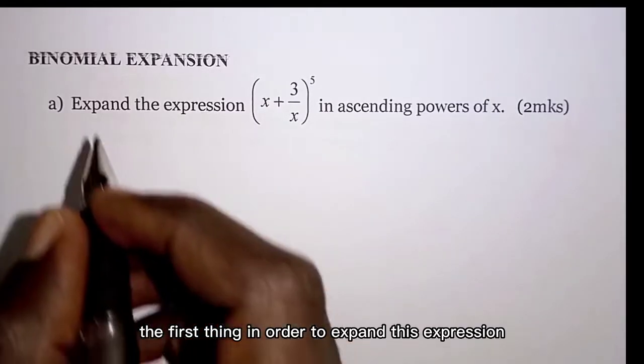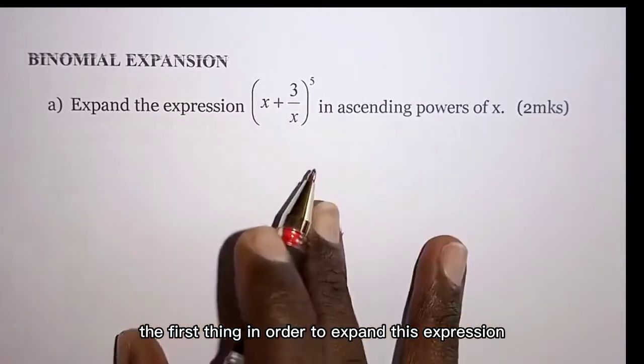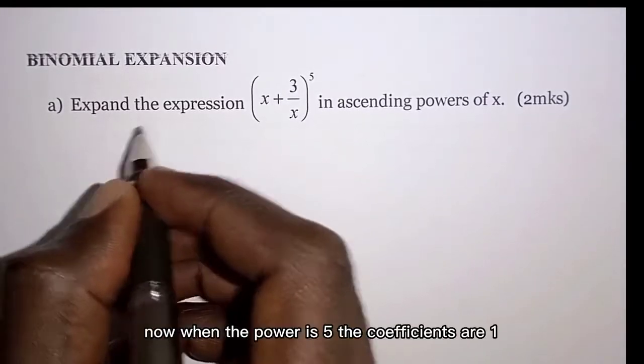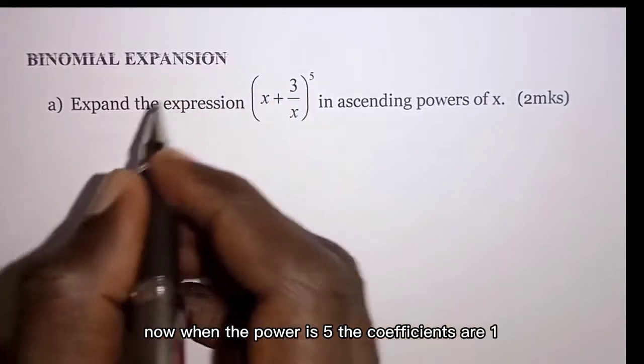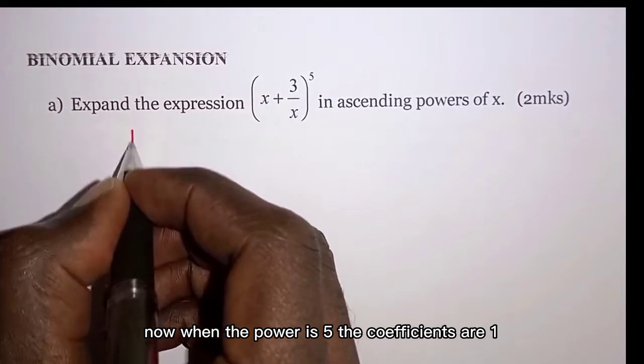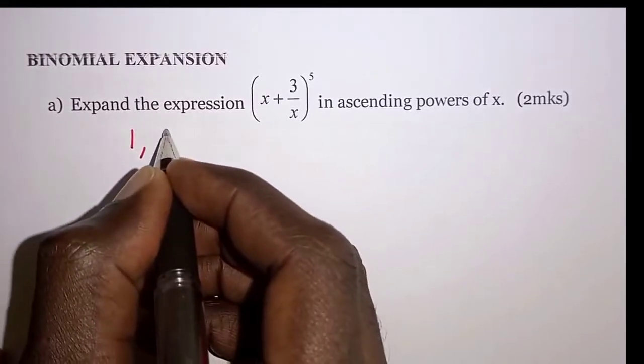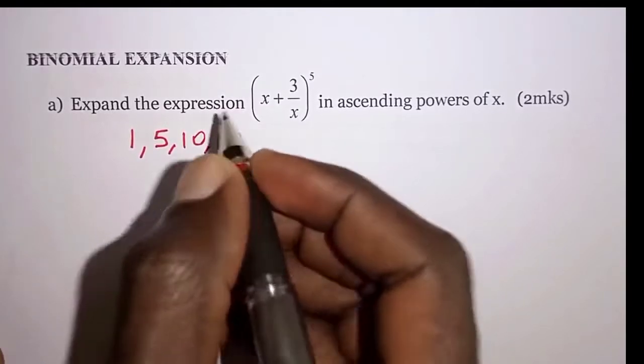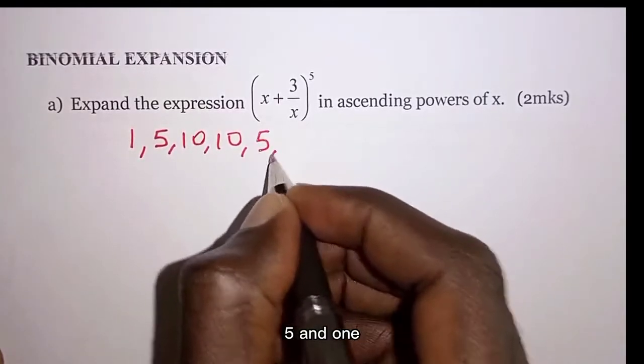The first thing in order to expand this expression is to list the binomial coefficients. When the power is 5, the coefficients are 1, 5, 10, 10, 5, and 1.